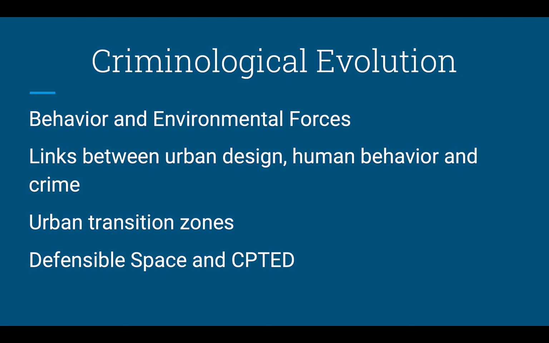So we have to understand that, in the zones that Shaw and McKay were discussing, it didn't matter who lived in Zone 2, ethnic-wise. It was the poverty and the conditions of the environment that cause more crime. So this is an important factor, especially because so many theories in the past were biased by racism, by sexism, by all sorts of isms.